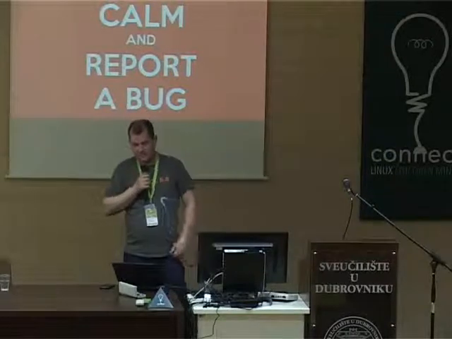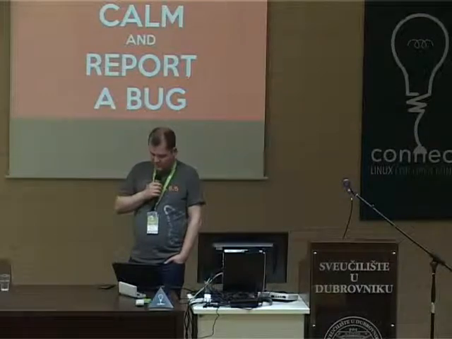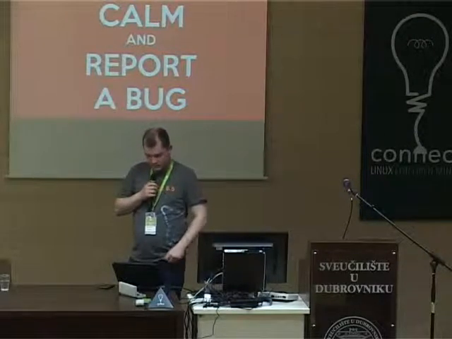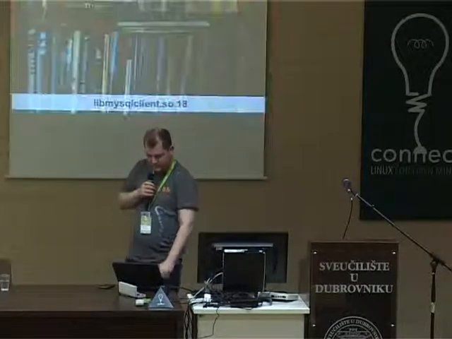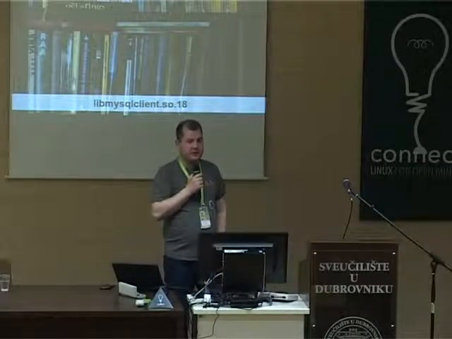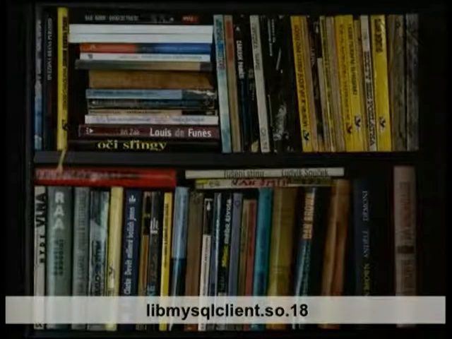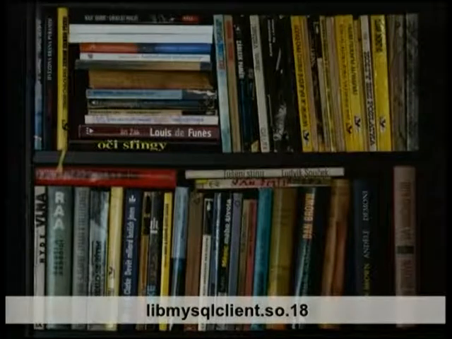And then we have some, well, mistakes in both directions. The client library, libmysqlclient.so.18. I see Roman smiling because he probably knows what I'm talking about. I mentioned it to him earlier, so we made a mistake.